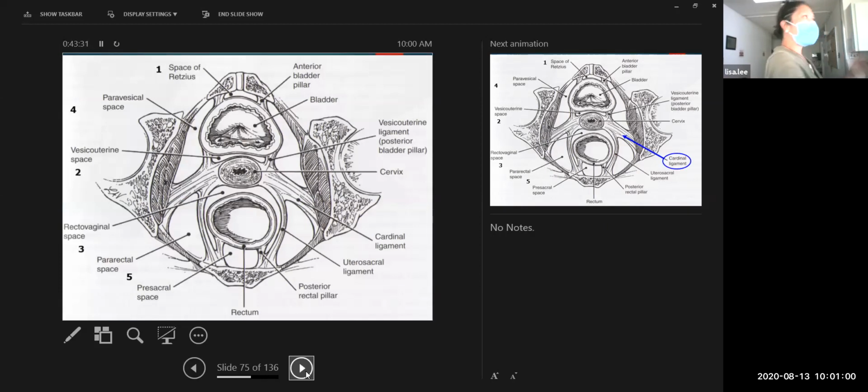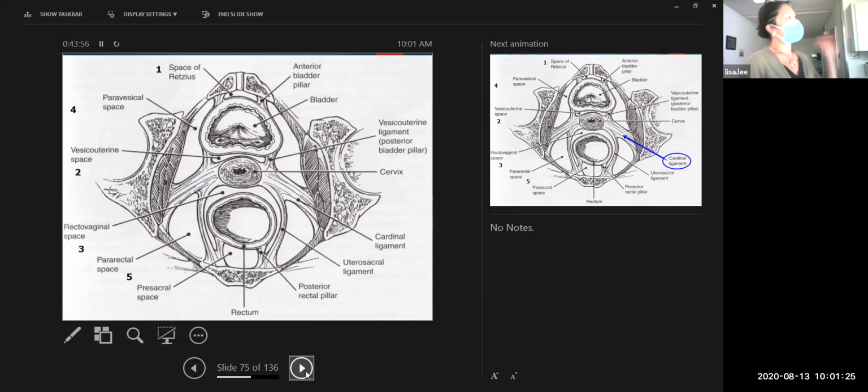So that's why when you develop that space, you really want to stay midline, because if you get lateral, you're going to get in the bladder pillar, and what's in the bladder pillar? Vessels. Moving laterally and back, the next space is the paravesical space. That's a space alongside the bladder, between the bladder and your bony pelvis.